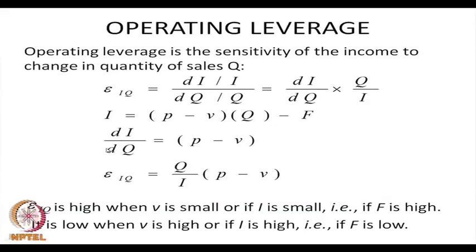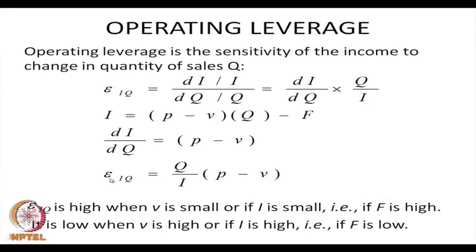So, dI/dQ is nothing but P minus V. Therefore, the operating leverage epsilon IQ is nothing but Q by I into dI/dQ, which is P minus V. So, epsilon IQ is Q divided by I into (P minus V).